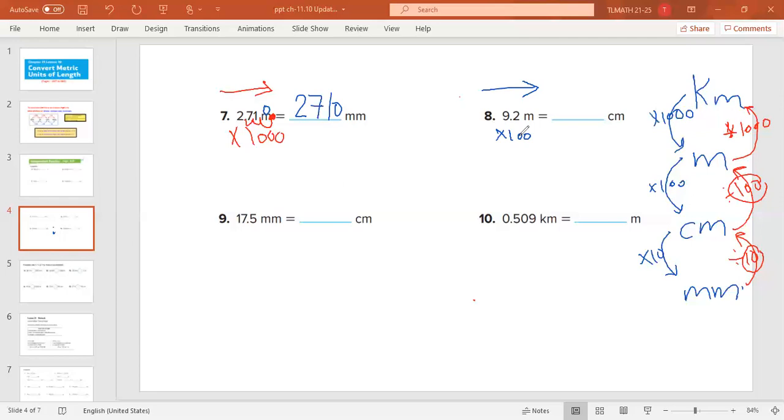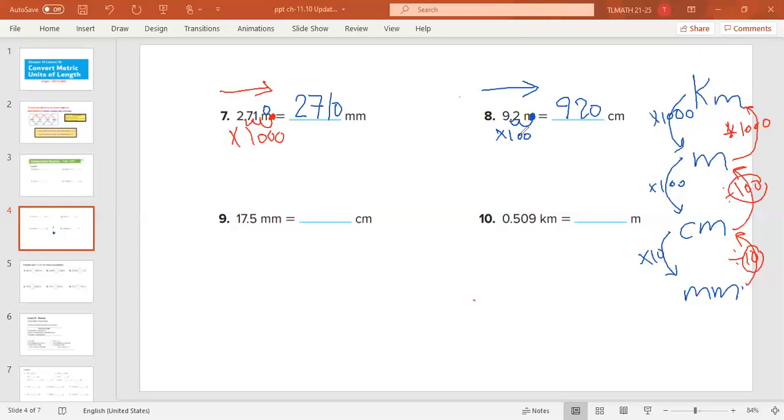Now take your decimal point, move it 2 decimal places because we multiply by 100. So 1 and 2. Here's my new decimal point. So the answer here will be 920 centimeters.